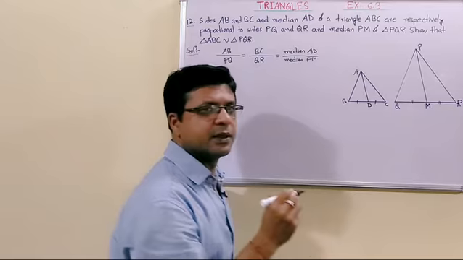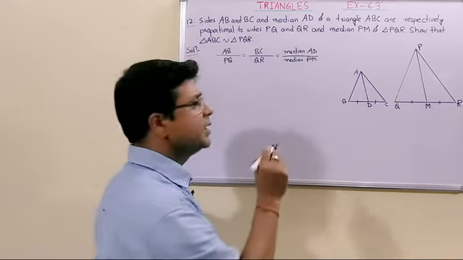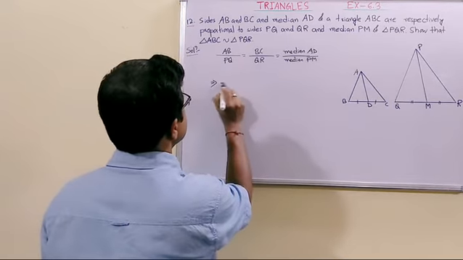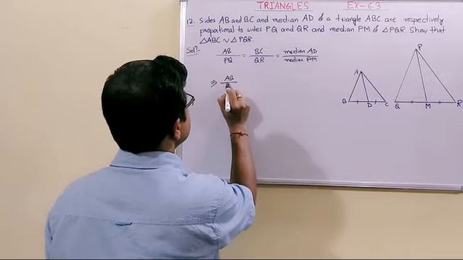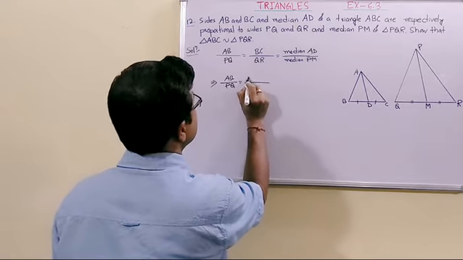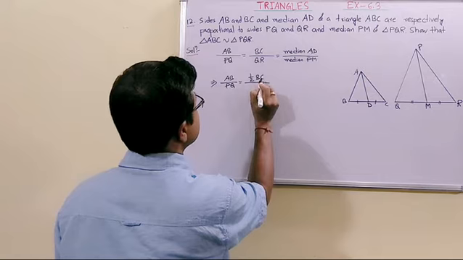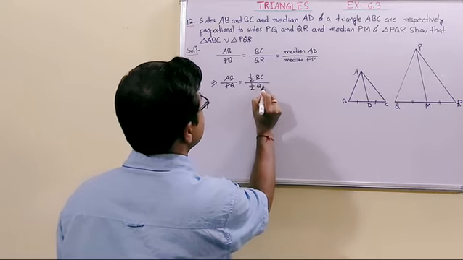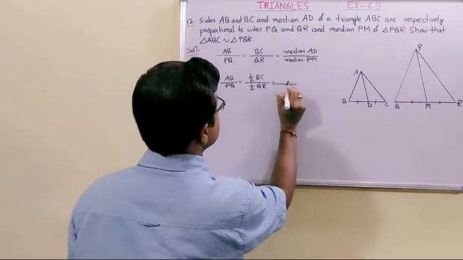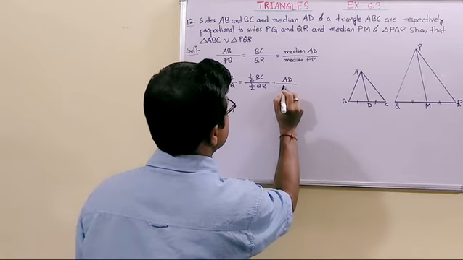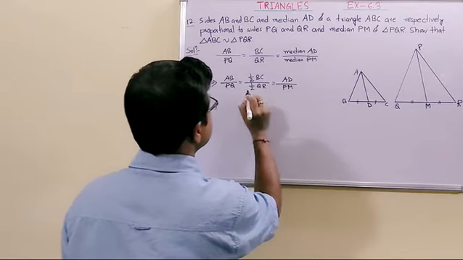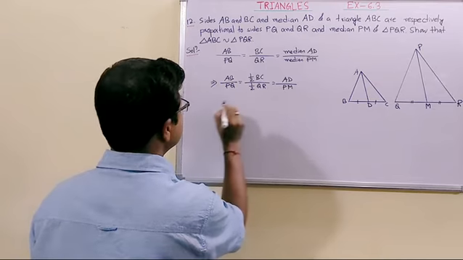This thing is given. Now from here what can we write? This gives us AB by PQ. Let us take half on both numerator and denominator. Now what is the reason?